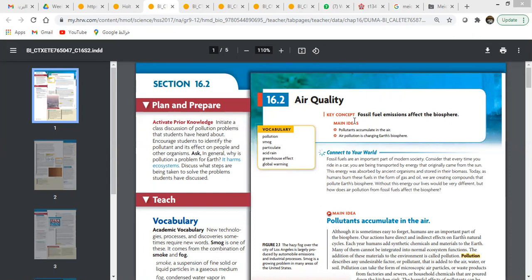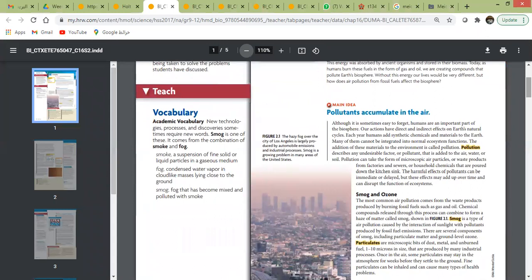These gases go to the atmosphere and cause pollution. Each year, as humans, we add synthetic chemicals and materials to the earth's atmosphere, from burning these fossil fuels.